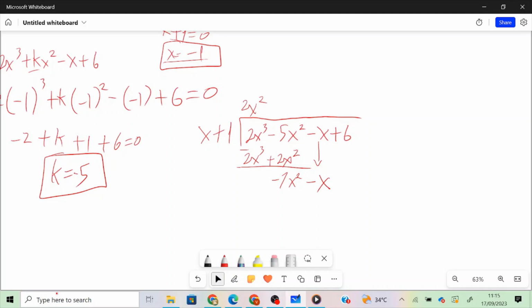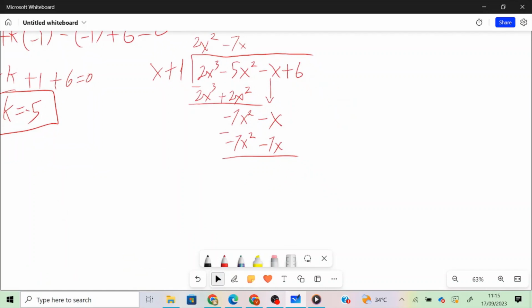Minus 7x squared divided by x is minus 7x, and minus 7x times x again is minus 7x squared. Minus 7x times 1 is minus 7x, and you do your subtractions, that's 0, and then minus x minus minus 7x is plus 6x, and you bring down your 6. 6x divided by x is plus 6, 6 times x is 6x, 6 times 1 is 6, and then you do your subtraction, this should give 0.